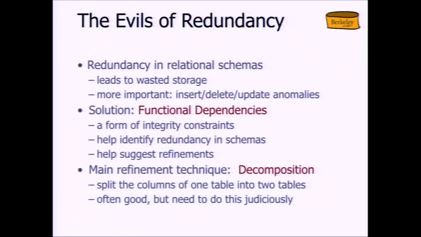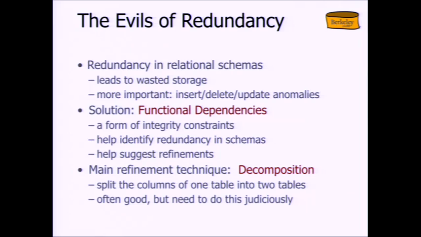And last time we covered insert, delete, and update anomalies. All different classes of anomalies that you'll run into if it turns out that the design of your database isn't exactly appropriate for your problem. So our proposed solution to this problem is functional dependencies.